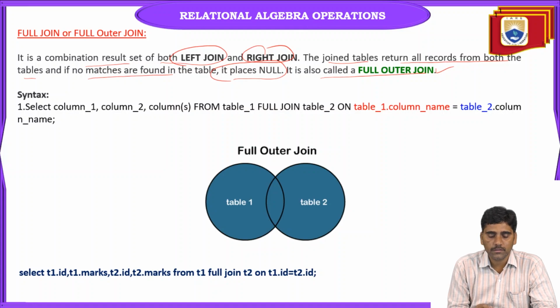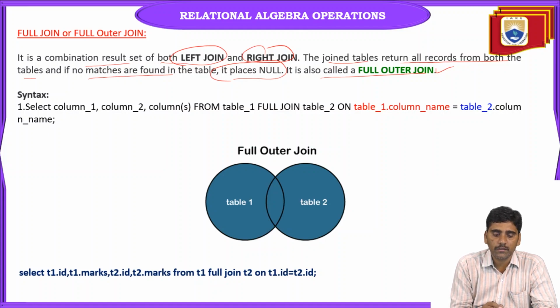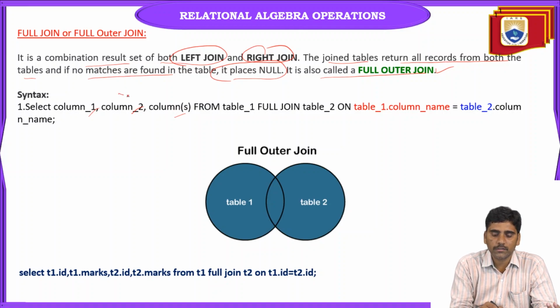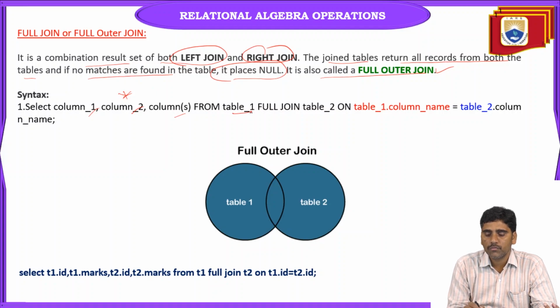And the syntax is the same, like writing select column 1, column 2, and so on. If you want to add more columns, you can add them. But if you want all columns, you can write select star from table 1 full join or full outer join table 2 on the condition.